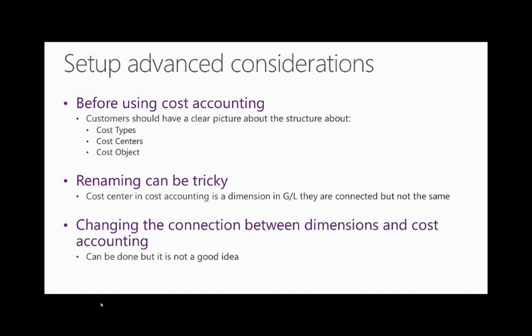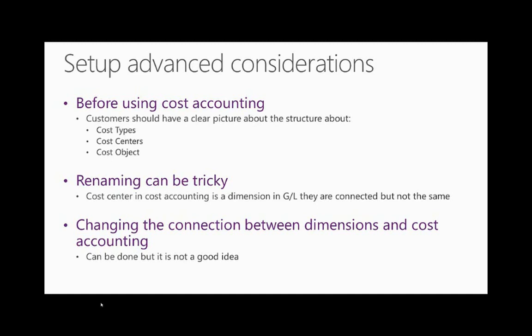Then you know that cost centers and the cost objects are linked to one of the dimensions in the general ledger, and you can change this linkage. If you do this, all of your existing postings will stay in the system, in the cost entries, and you will get newly created entries with the new settings.